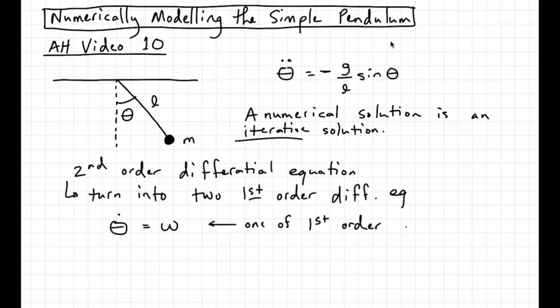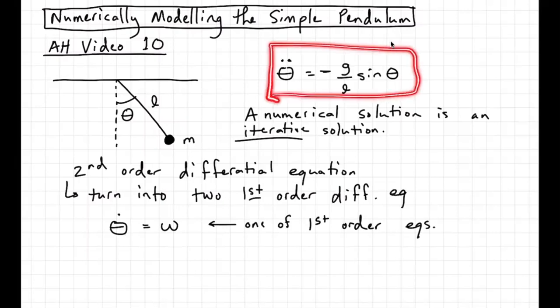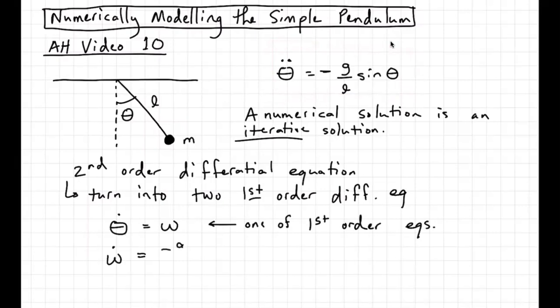That's one of our first order equations. And now we can write our original differential equation as a first order differential equation too. Instead of being theta double dot, it's just omega dot equals minus g over L sine theta. So this is our other first order differential equation. We turned a second order differential equation into two first order differential equations.